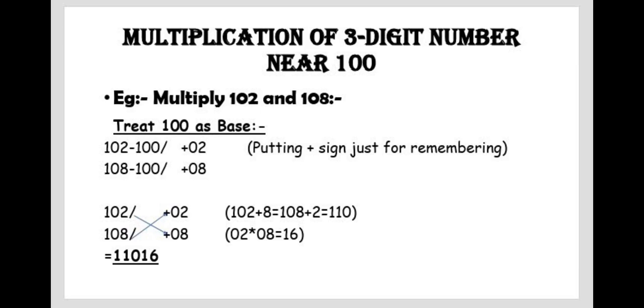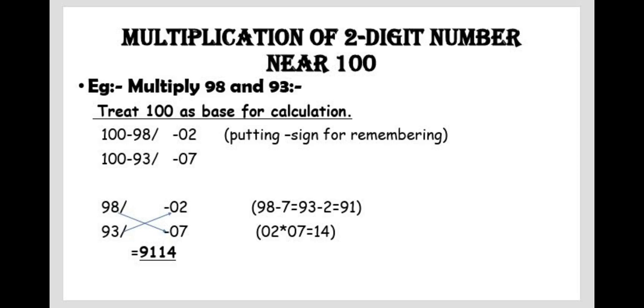Now see what is the difference between these two. We have seen two cases. First was multiplication of two-digit numbers, and this is multiplication of three-digit numbers. The difference is that in multiplication of two-digit numbers, we are taking 100 as a base and subtracting both numbers from 100.